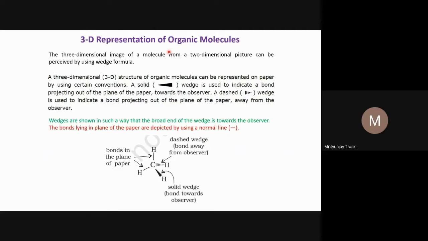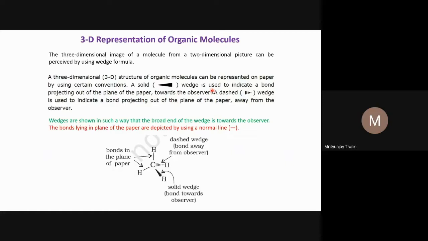If it is sp2 hybridized, that will also be a planar shape, trigonal planar geometry for the carbon atoms. And if all the carbon atoms are on one plane, one can represent that also on the plane of the paper. But if one or more carbon atoms have sp3 hybridization, it means the geometry of that carbon atom will be tetrahedral.